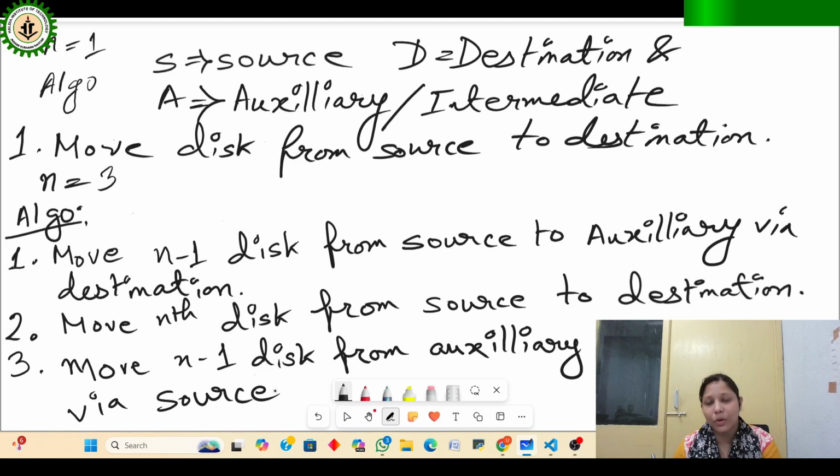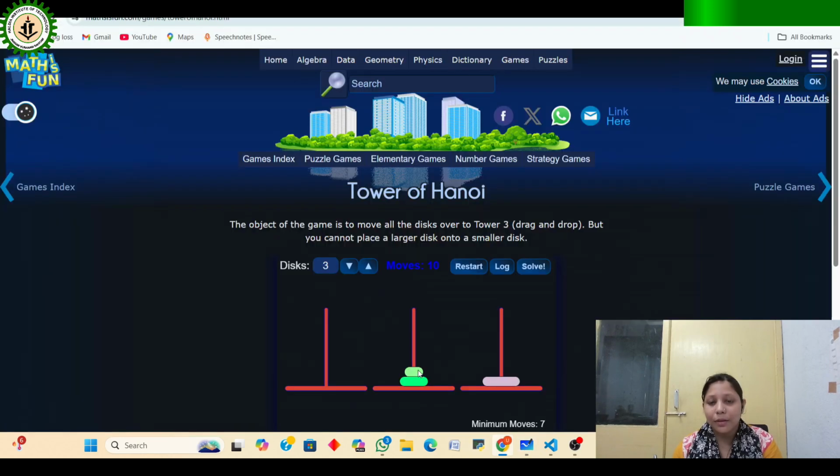Except the nth disk, for all other disks, we will need a via. Here, from auxiliary to destination, we need a via of source. So this is how the algorithm works.